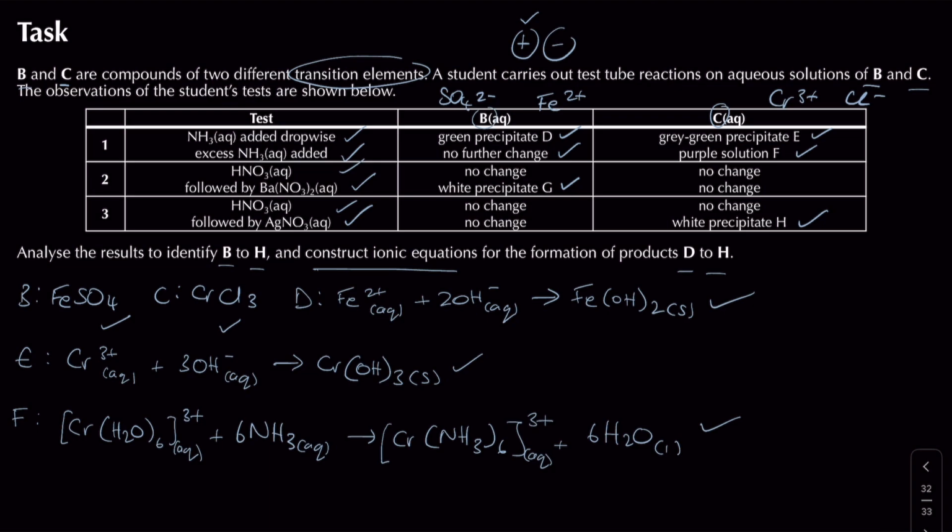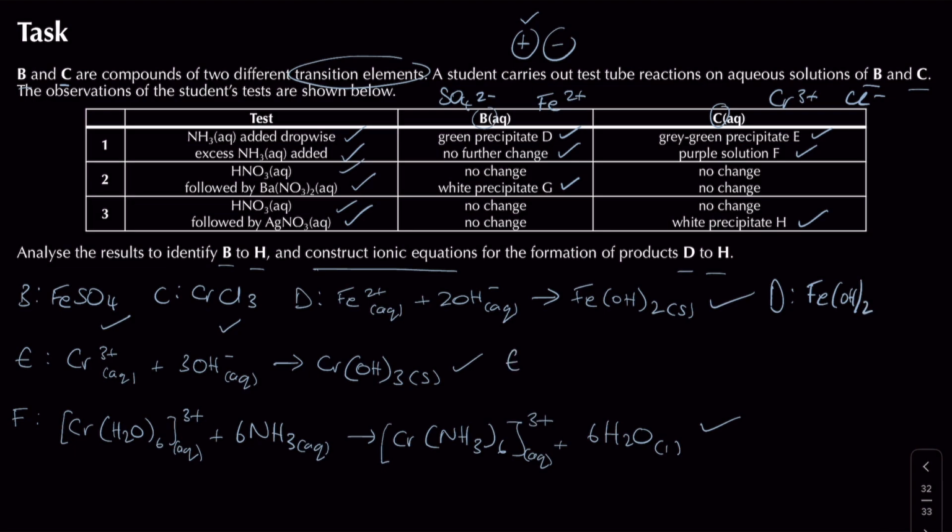So I've got here my 3 equations for D, E and F, and just to make sure I don't lose any marks, I'm going to write out what D, E and F specifically are going to be, because we're asked for the ionic equations, but we also need to give the identities quite clearly as well. So D, of course, is going to be iron hydroxide, which looks like this.